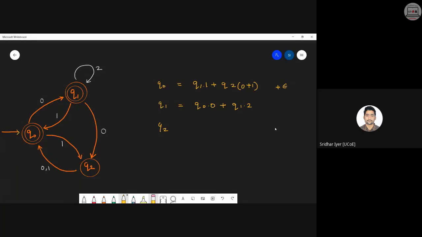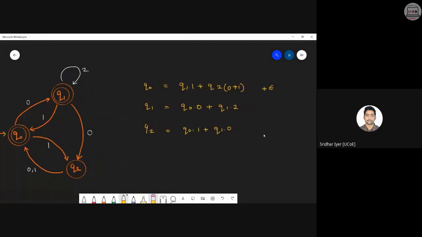Okay, what else? Next up, we are talking about Q2. Q2 is having incoming from Q1 and Q0. So I can write it like this: Q0.1 + Q1.0. Clear? Now try to proceed ahead and let me know what is the solution.